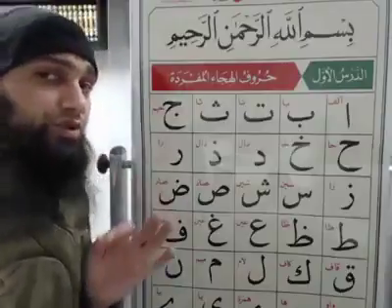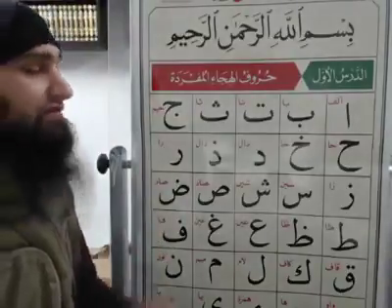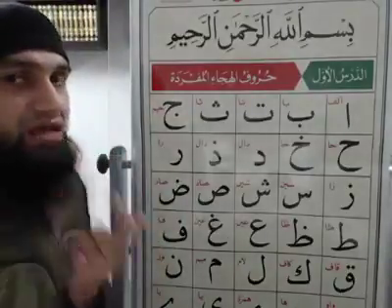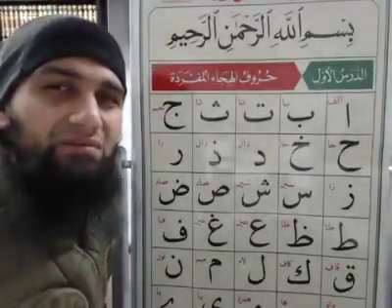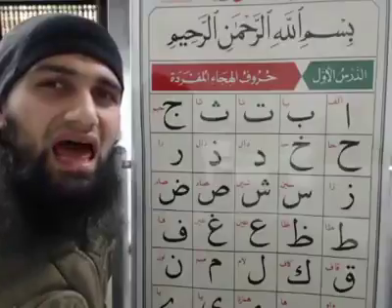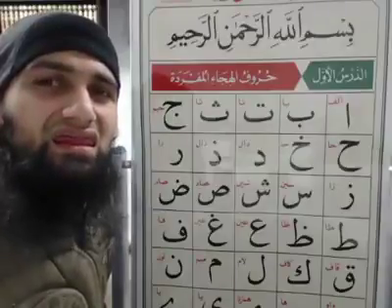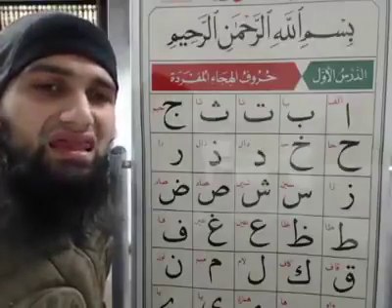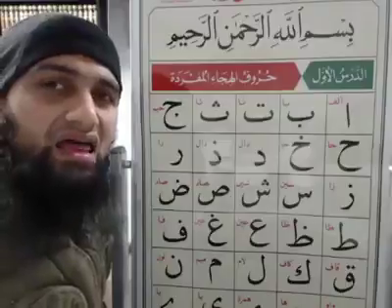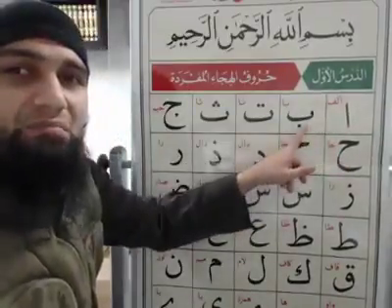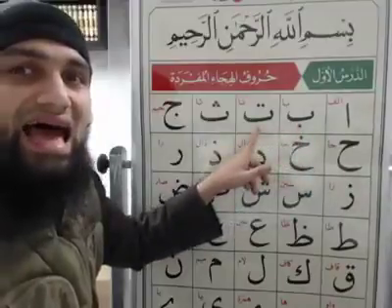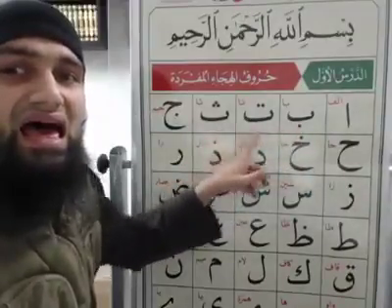Fa. Very important to bring the tongue. If you're not bringing out the tongue, if it's not coming from this part of the tongue, then it is wrong. Fa. Fa. Fa. Fa. Alif, ba, ta, fa.